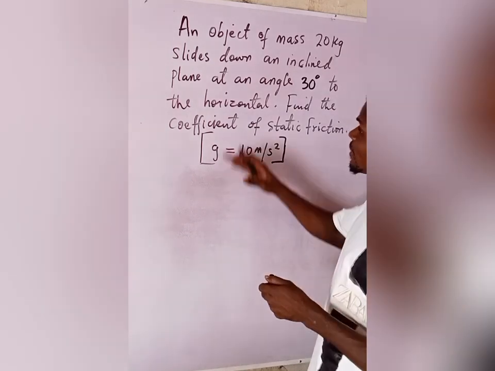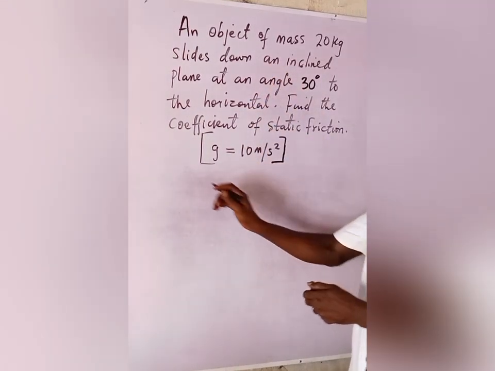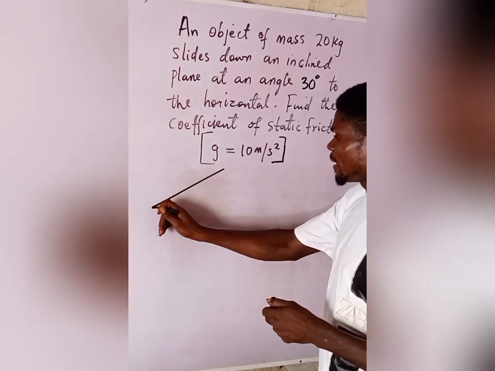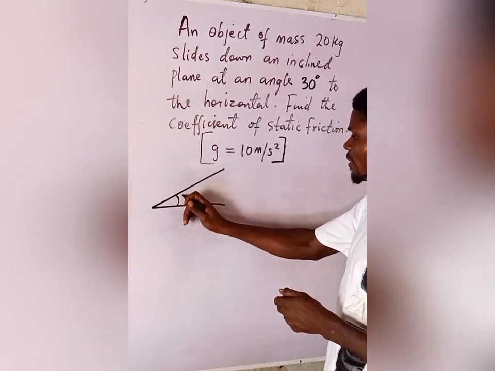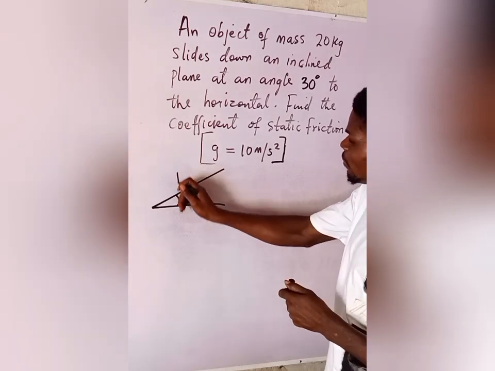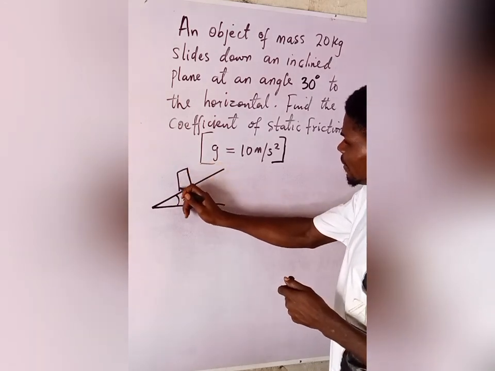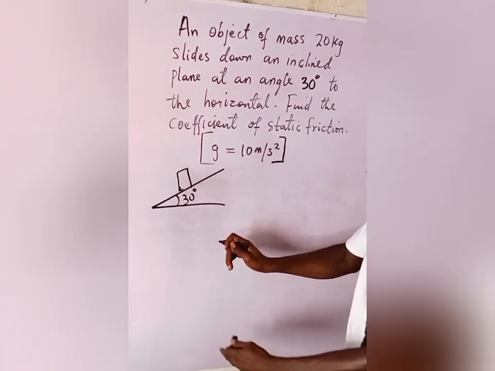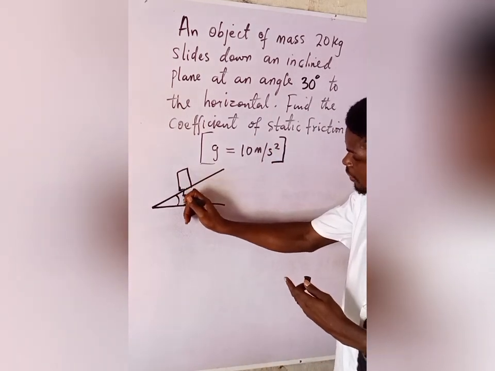All right, let's represent this question on a diagram. We have a plane inclined at an angle 30 degrees to the horizontal. So we have a body of mass on this plane. You know, the mass acts directly downwards towards the gravitational pull.